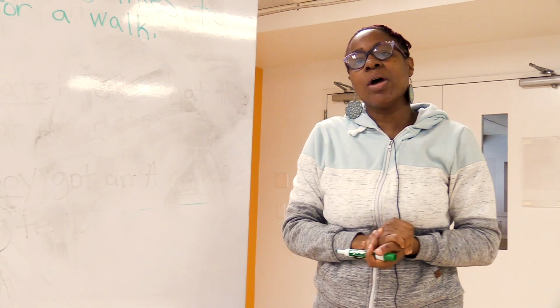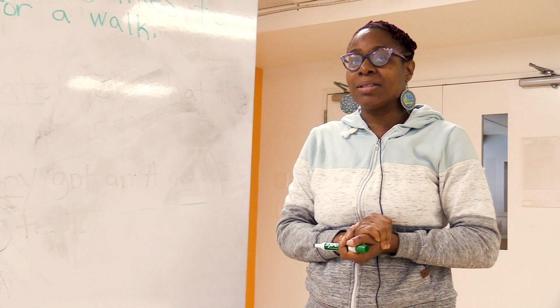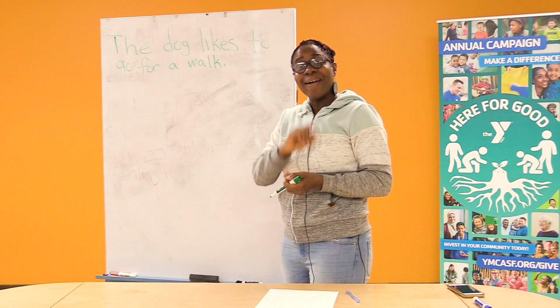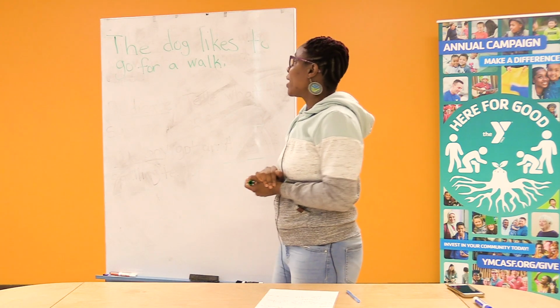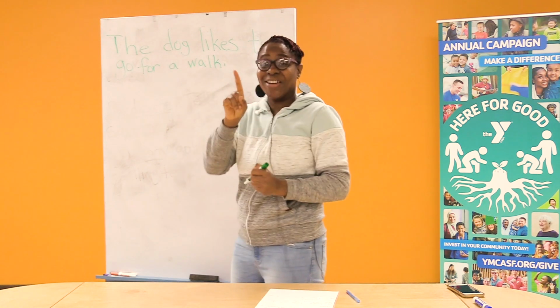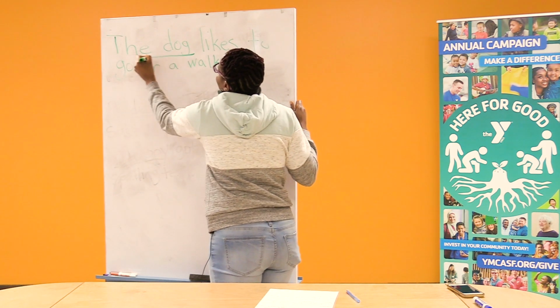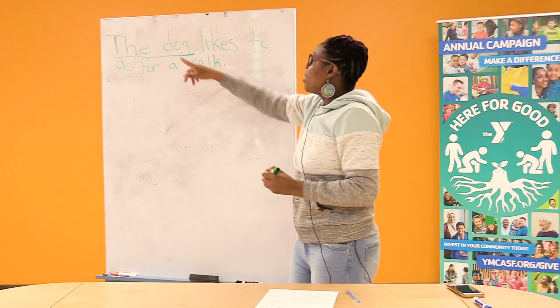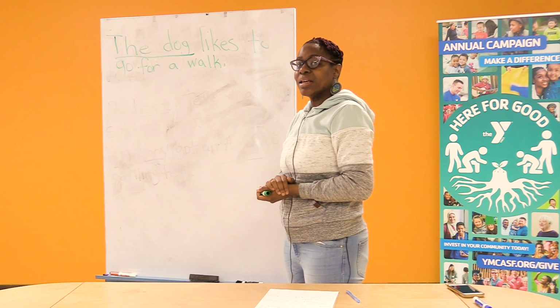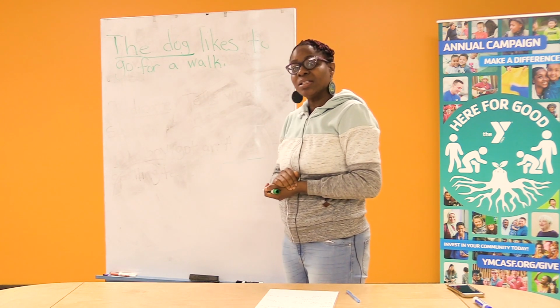Can you tell me what the subject matter is? You're right. If you said dog, you are correct. Or the dog. The dog is the subject matter in our sentence.